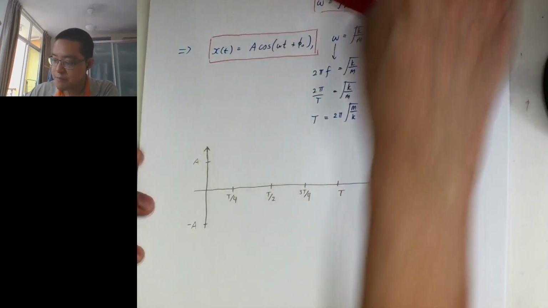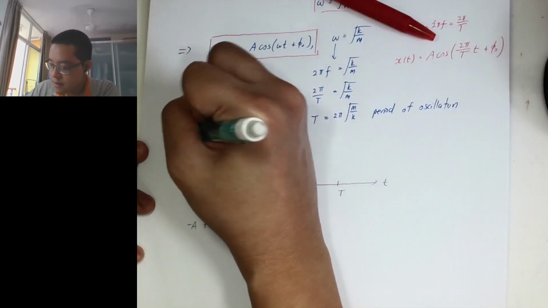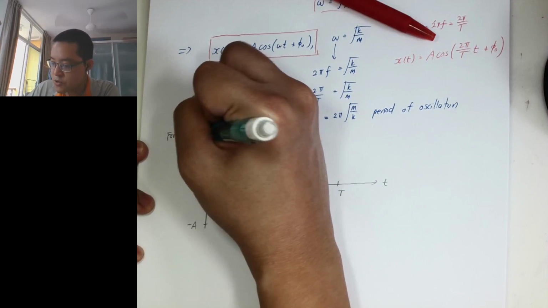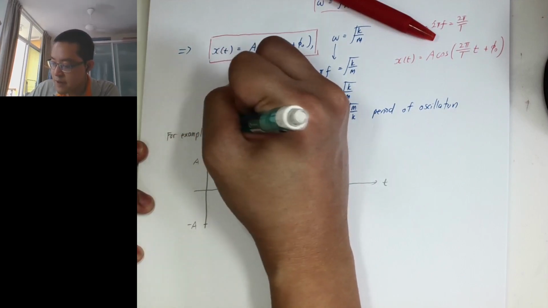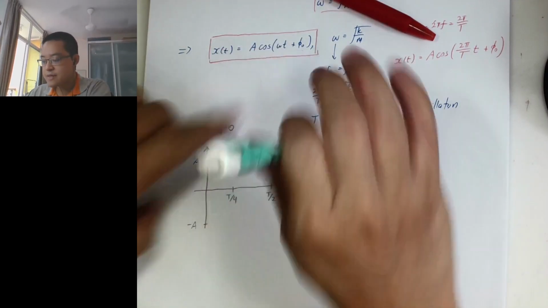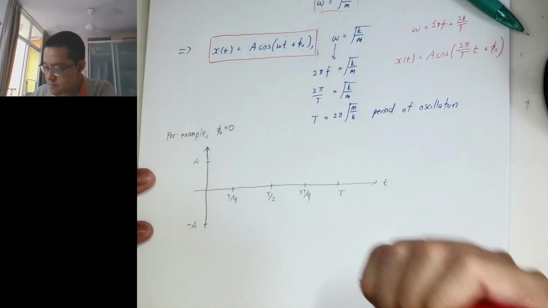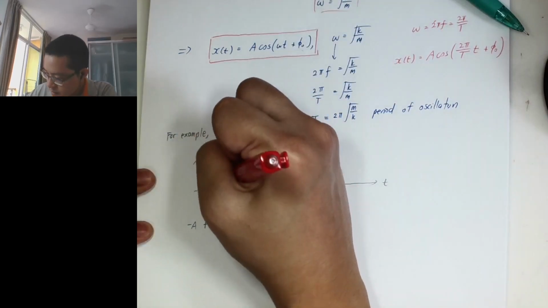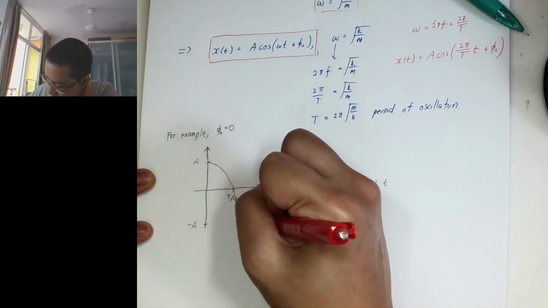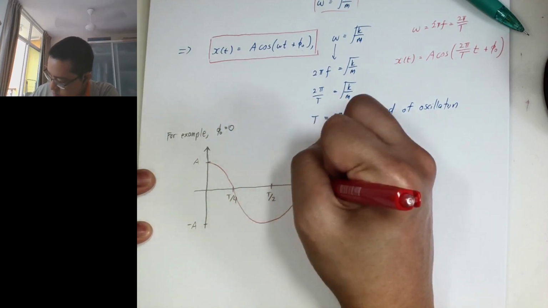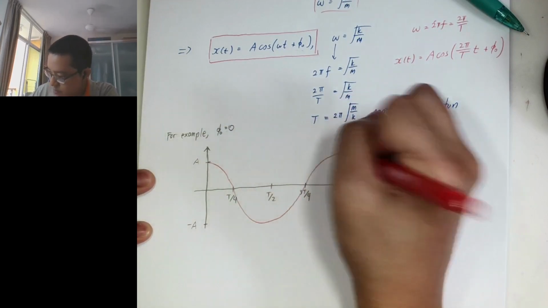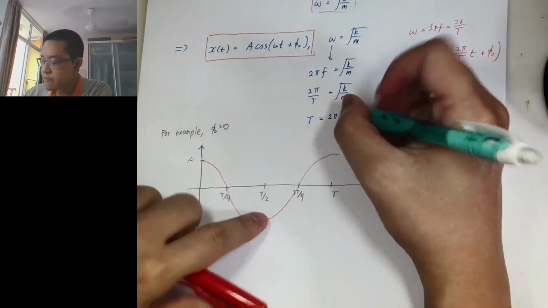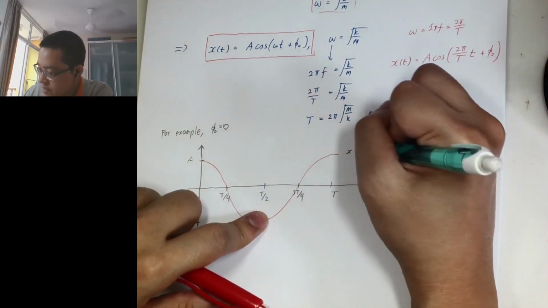Let's say I draw a simple case just to show you: if my phi 0 is 0, then my starting point should be like this.